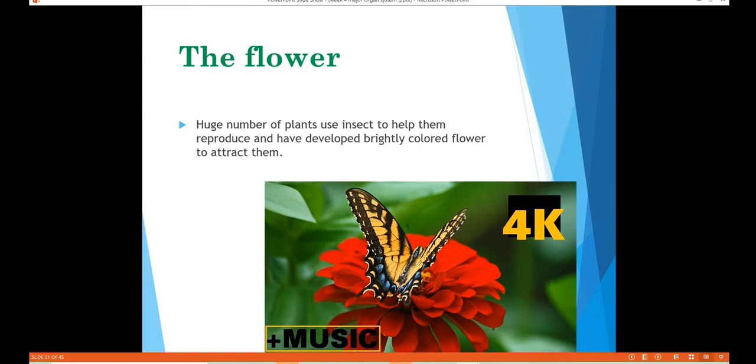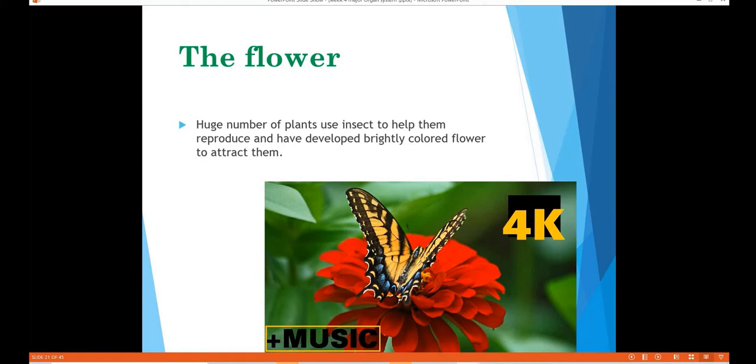So insects, what do they do when they land on the flower? The pollen of the male part of the flower gets attached to these insects' legs. And these insects carry the pollen from one flower to the female parts, which is the ovaries of another flower. This is how the pollination takes place, and a new plant is again formed.